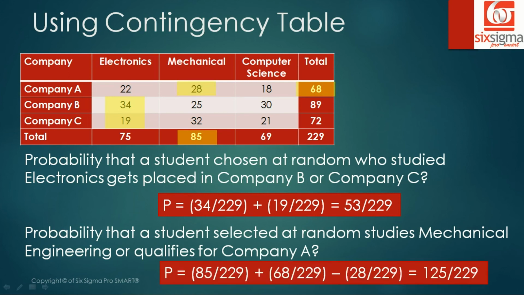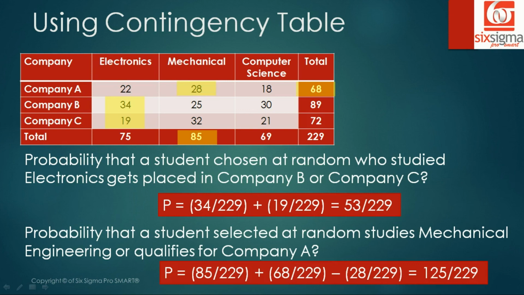It is 85 over 229, which is the probability of a student who belongs to the mechanical engineering stream. And a total of 68 students got placed in company A. So that's the probability of the event B, which is 68 over 229. What do we need to subtract from that?